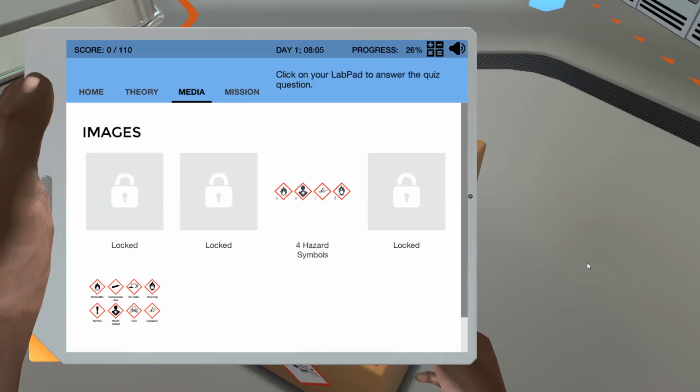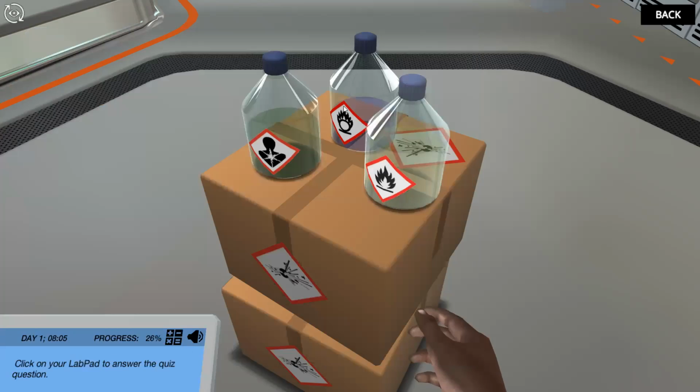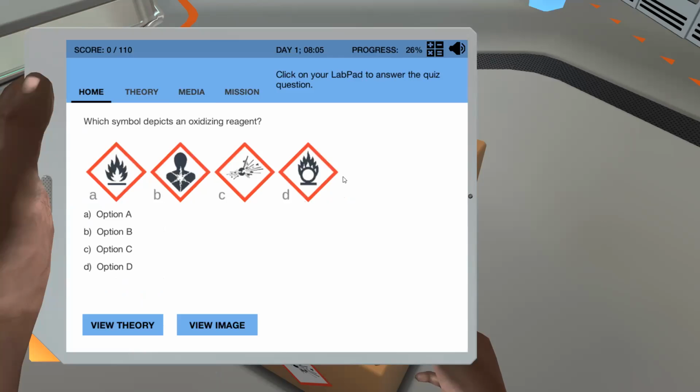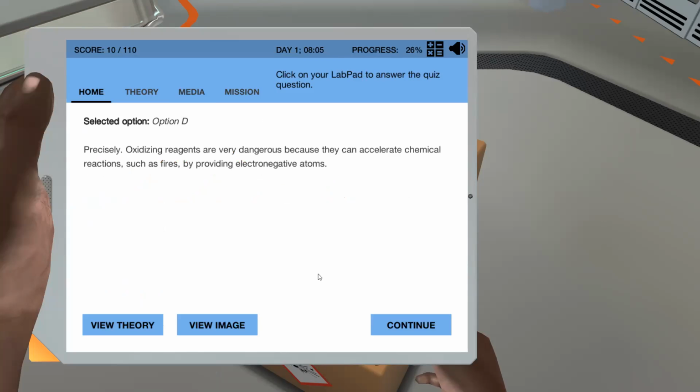Okay, so now you know. And you will say that one. Go back to home, right? And it's this guy, option D. Precisely. Oxidizing reagents are very dangerous because they can accelerate chemical reactions, such as fires, by providing electronegative atoms.